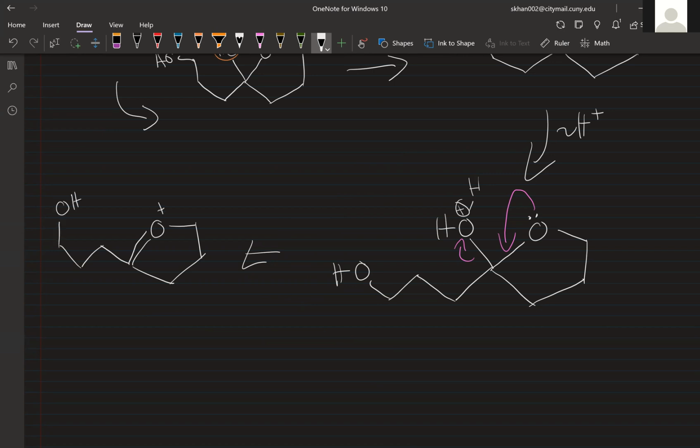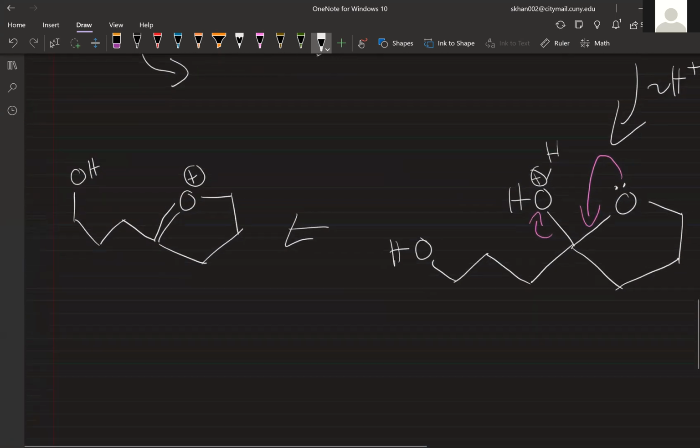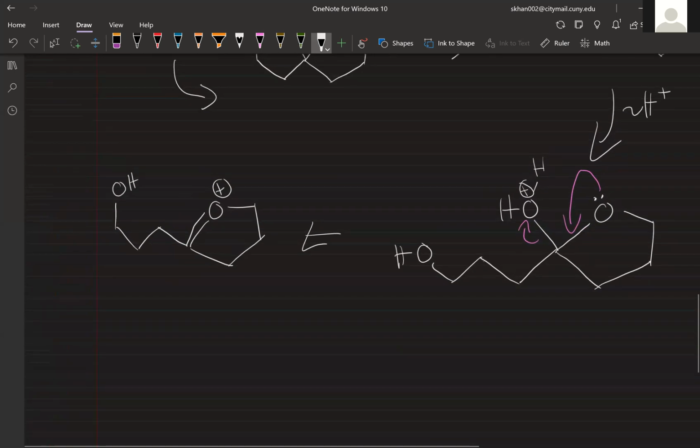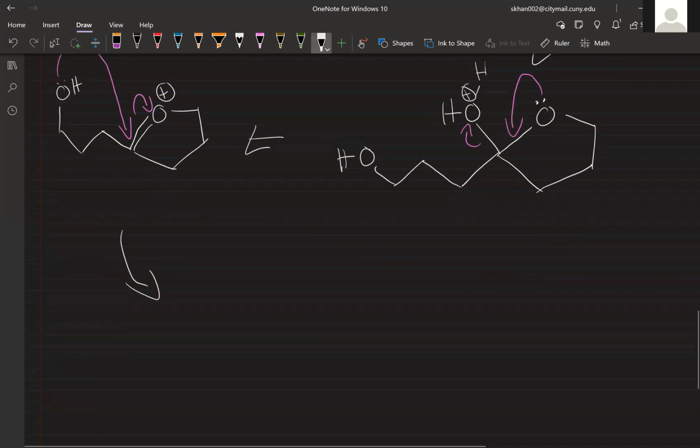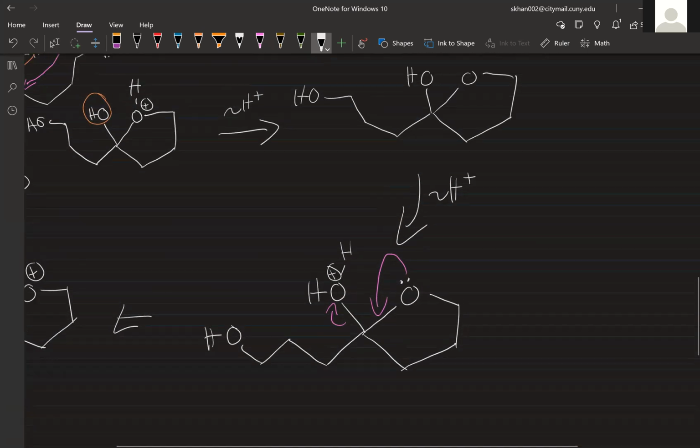Okay, you have a plus charge here. And now it's literally just a repetition with the other OH group, right? So simple attack, kicks up. And now we have the OCO bond that we were trying to create before, right?